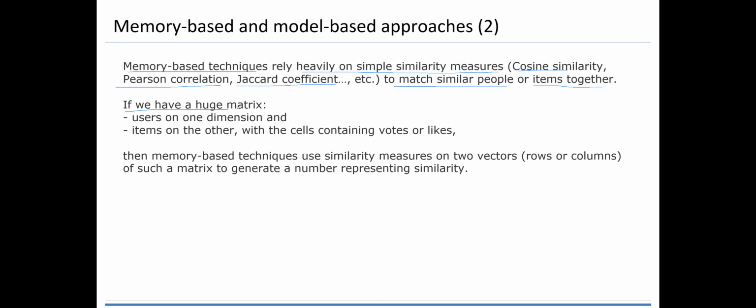If we have a huge matrix, it will be about users on one dimension and items on the other, with the cells containing votes or likes. Memory-based techniques use similarity measures on two vectors, rows or columns of such a matrix, to generate a number representing similarity.